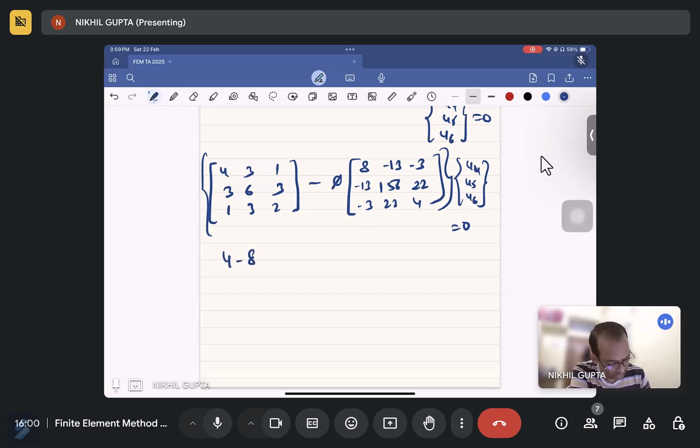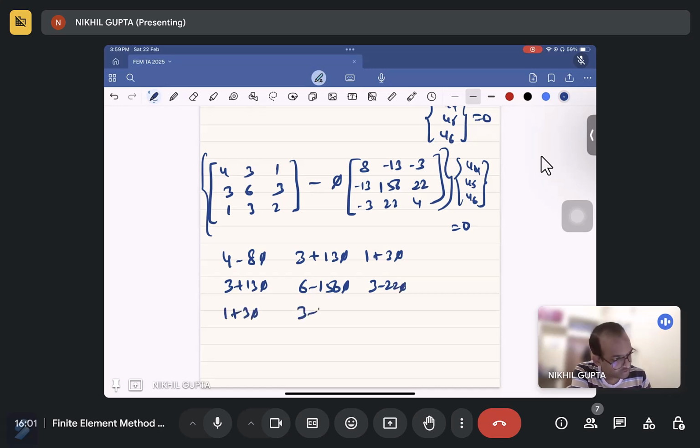So this is 4 minus 8 lambda, 3 plus 13 lambda, 1 plus 3 lambda, 3 plus 13 lambda, 6 minus 156 lambda, 3 minus 22 lambda, 1 plus 3 lambda, 3 minus 22 lambda, and 2 minus 4 lambda. So we have just added it, and what we'll do, we'll not put the bracket now, we have to get the determinant of it as 0.